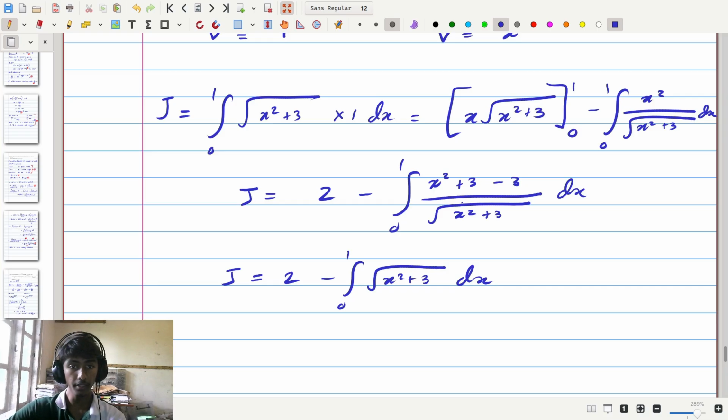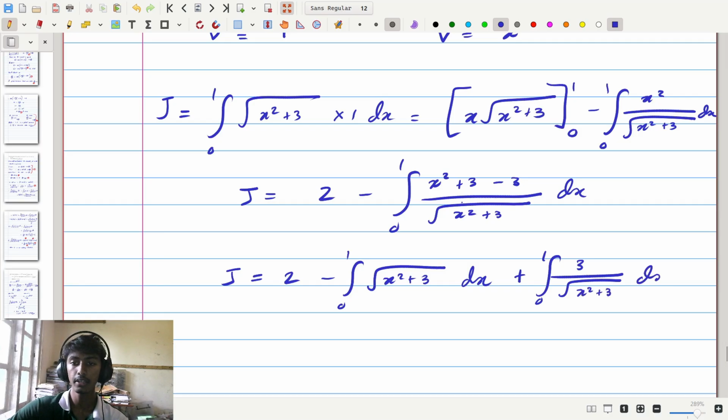And for the other part, I have minus 3 divided by this thing, which will be equal to plus the integral from 0 up to 1 of 3 over the square root, actually I missed a dx there, I accidentally erased that, of dx divided by the square root of x squared plus 3.